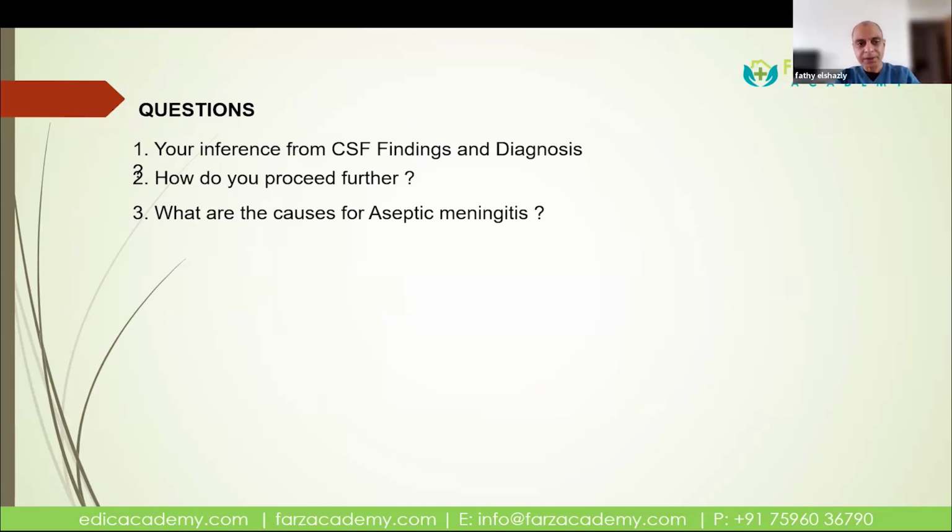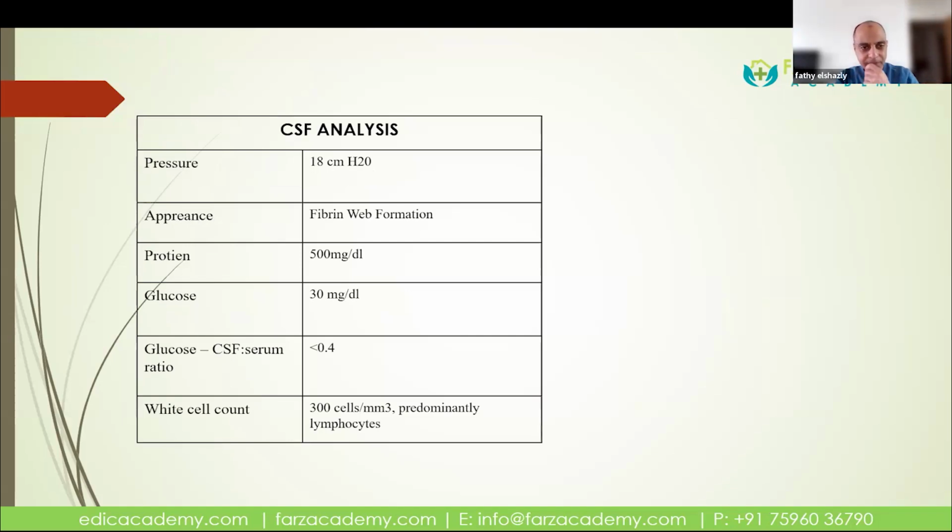Can I see the analysis again, please? It can be tuberculosis, yes, because of the fibrin web formation. Coccidioidomycosis, cryptococcosis, all of these can be, but usually it can be TB as well. How do you differentiate? Atypical mycobacterium, yes.